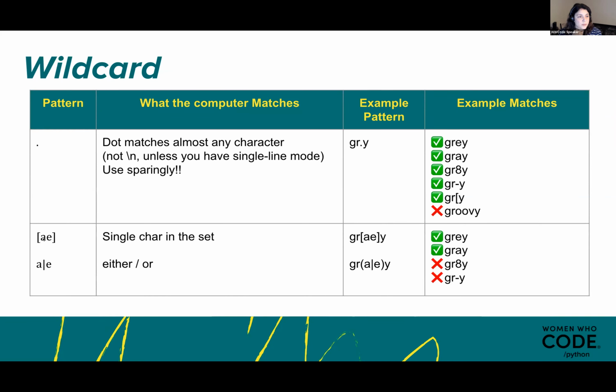If you go ahead and put brackets, well, braces, hard brackets, this will match a single character in this set. Whatever you put in here, it's going to match a single character. So it would be GR, A or E, Y. And so this would match grey or gray.